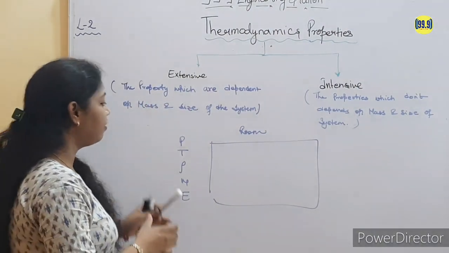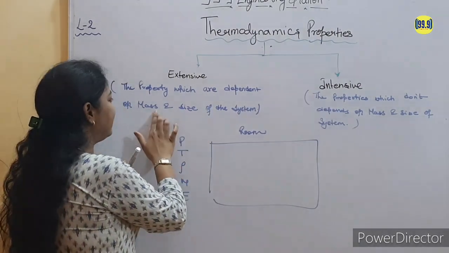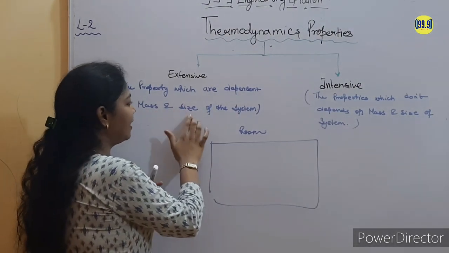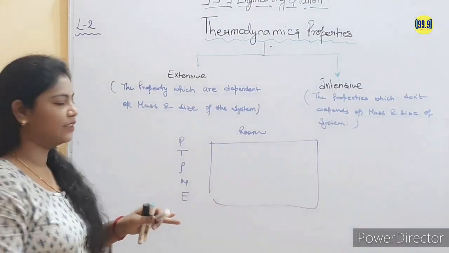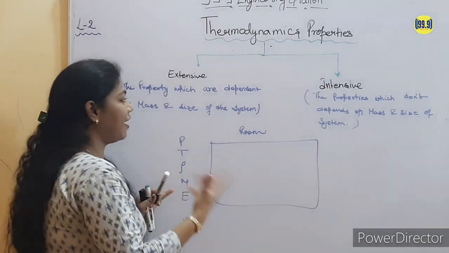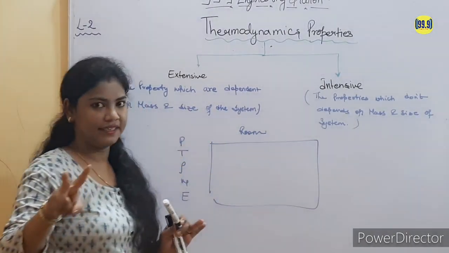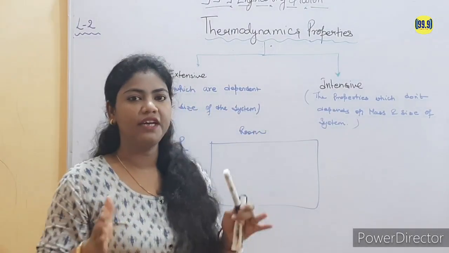To understand the concept of dependence on mass and size, we cannot divide the mass into two parts for pressure or temperature, so we divide the size, that is, we divide this room into two equal parts.